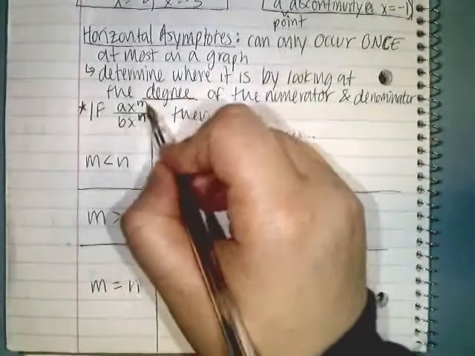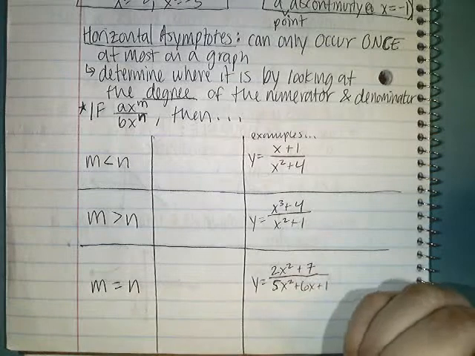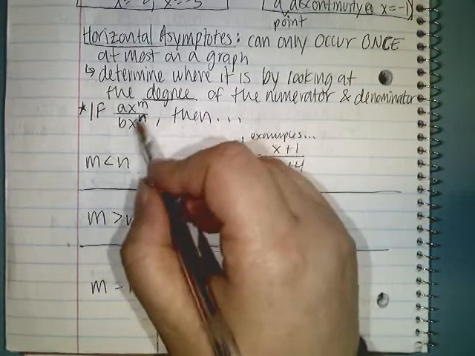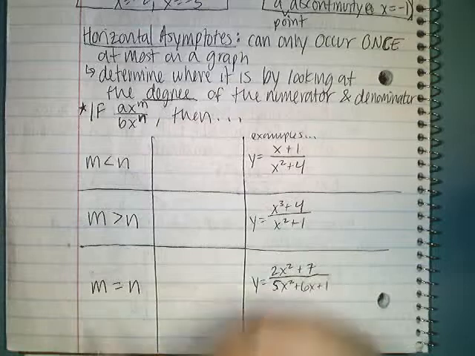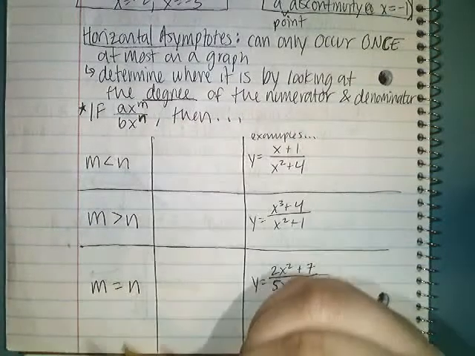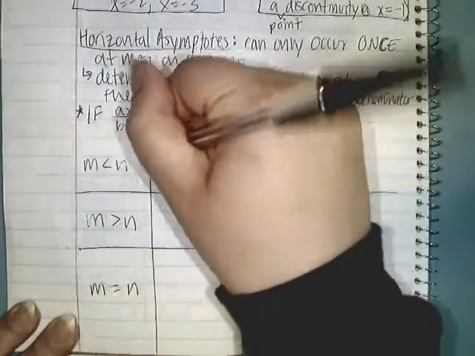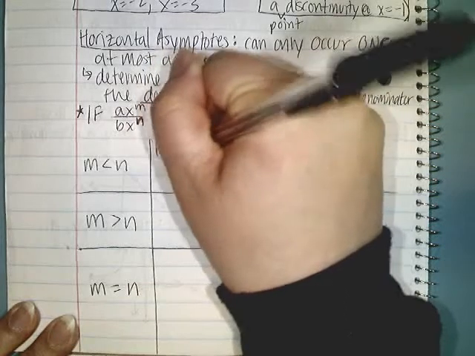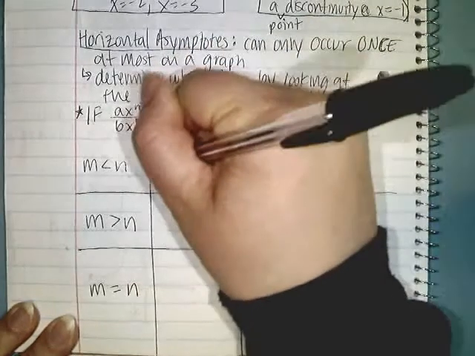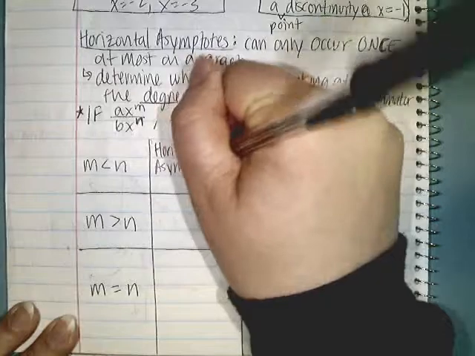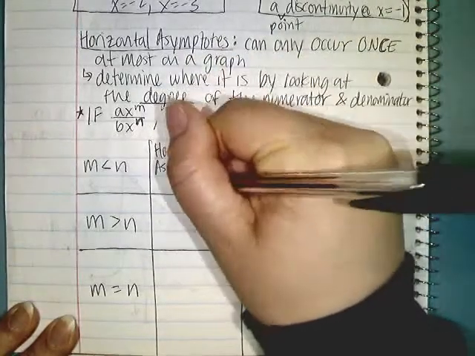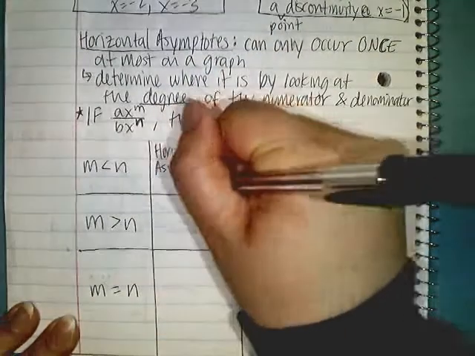So if the numerator degree is less than the denominator degree, so if m is less than n, then I'm going to have a horizontal asymptote at y equals 0.